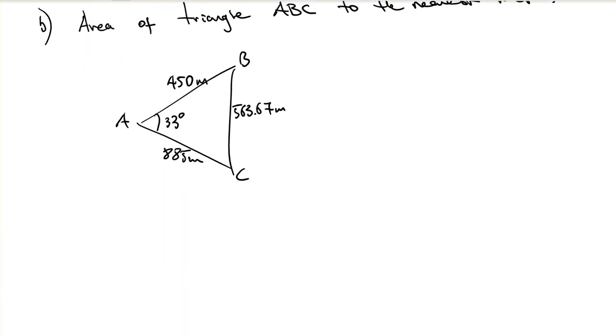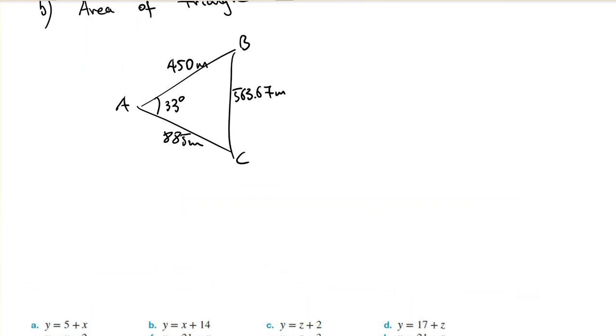There's the long way, which is using Heron's formula. So you could use that side, and that side, using the semi-perimeter, and then using that semi-perimeter to find the area. Or we could use a half ab sine C to find the area using that formula.